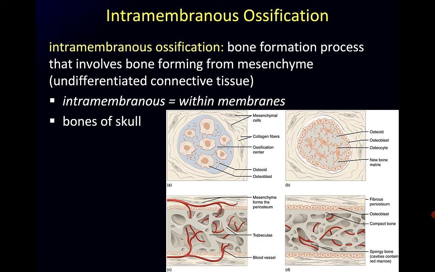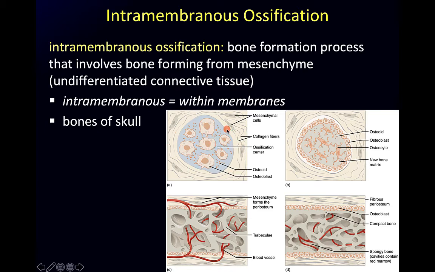We'll use that in both cases. So this bone formation process causes bones to form from mesenchyme, which is an undifferentiated, you might think of it as a stem or embryonic connective tissue. And this will be able to become different kinds of connective tissues. In this case, we have these mesenchymal cells, so we can think of it as primitive connective tissue.